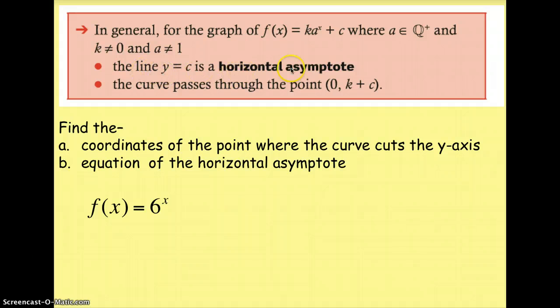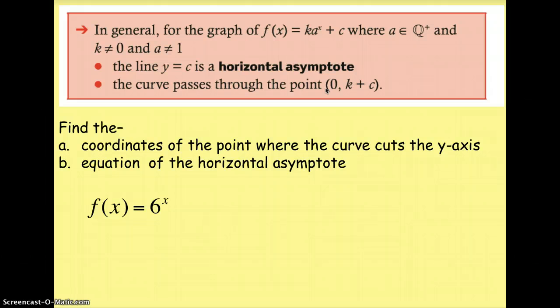To know right away what the horizontal asymptote is, c is your horizontal asymptote. It's like c being your y-intercept in a quadratic equation, and the same thing in a linear function. Now, in an exponential model, the curve passes through the point 0, k plus c.